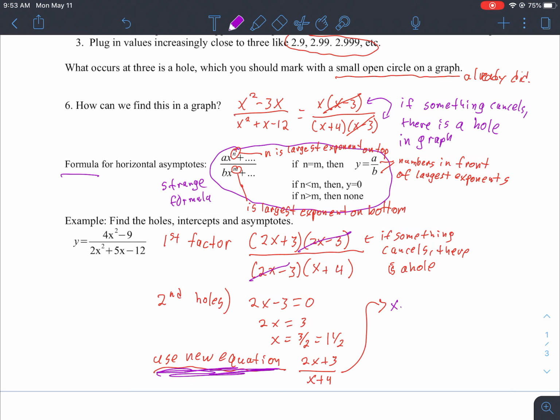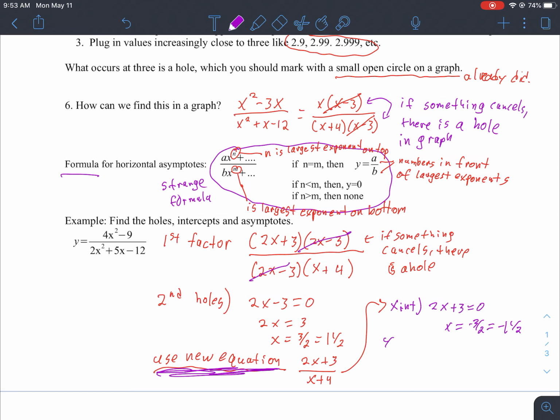Okay, so the x-intercepts come from setting the new numerator equal to 0 and solving. Subtract 3 and divide by 2. You get negative 3 halves, or negative 1 and 1 half.